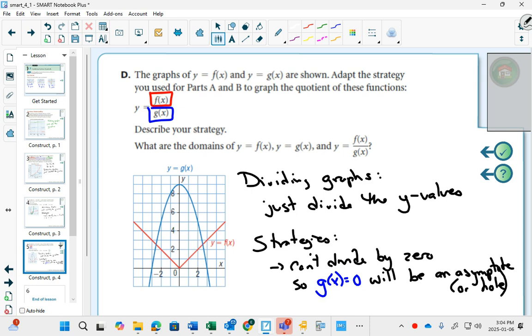So if the blue graph is 0, you're going to get either an asymptote or a hole. There are the two places that it is 0. They're going to be asymptotes. Think back to chapter 2.